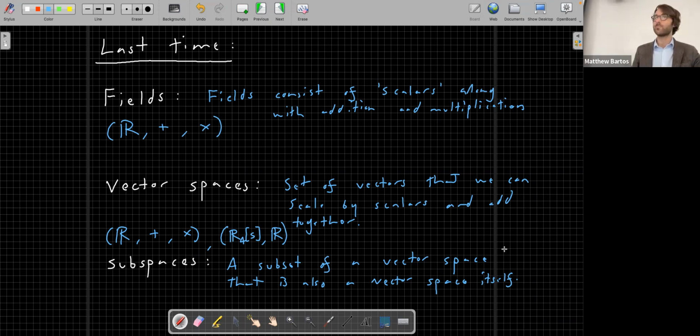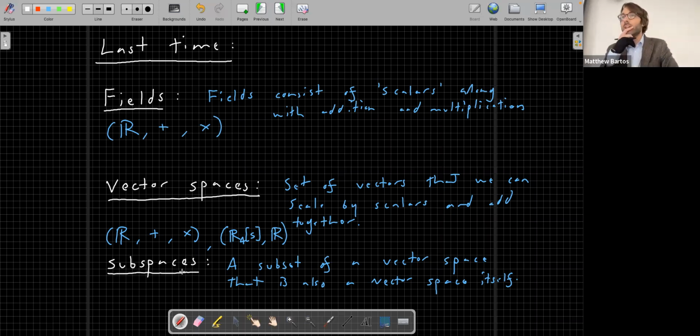Are there any questions on these general concepts before I move on? The subspace is like for a vector space of lower dimension? It will have dimension less than or equal to the vector space that it is a subspace of.